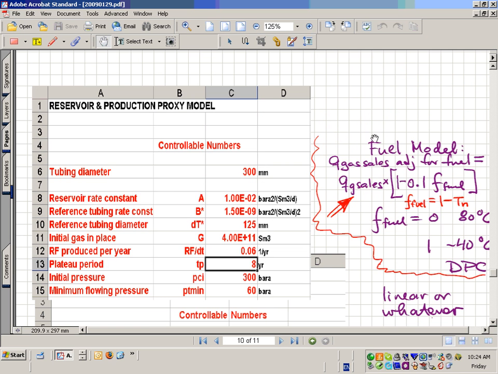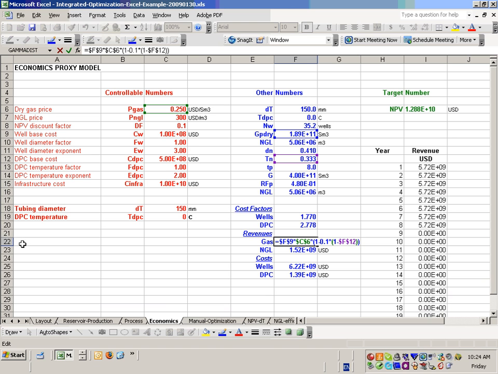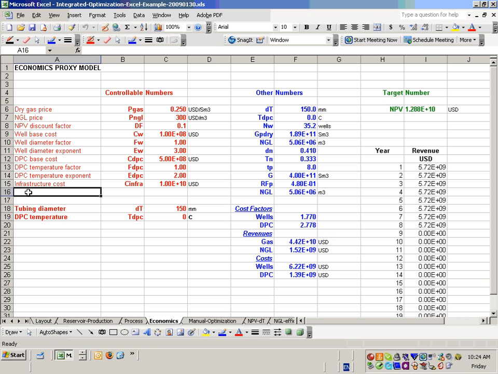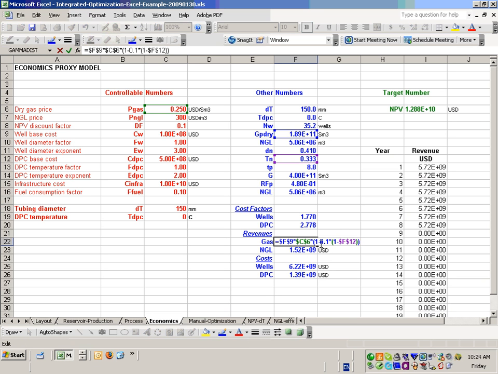So I'd feel more comfortable if, for example, in here we say this is the fuel consumption factor, or fuel factor or something, and put point one, and then we go into this and replace that point one with that number there.